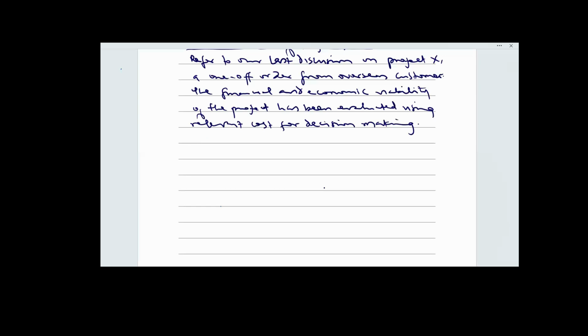Now, you are talking to the management. Management does not know what is relevant cost for decision making. So you need to explain what you mean by relevant cost for decision making.